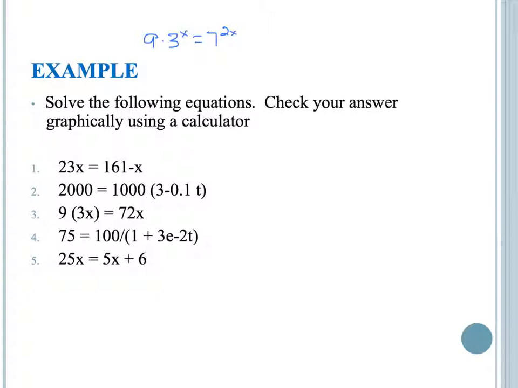So I need to do something with the 9 and the base 3. And if we recognize that 9 is really 3 squared, which I think we all do, I now have the same base of 3, and I have a squared and an x. So if we have the same base, and we're multiplying the bases, we can rewrite that as adding the exponents.